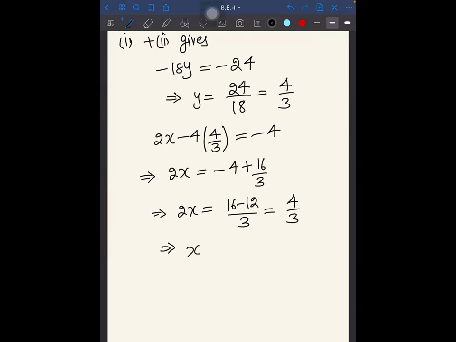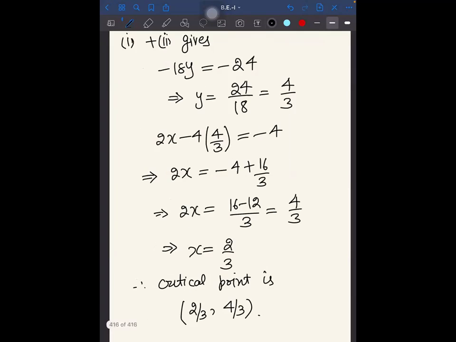So your x is 2 by 3, right? So the critical point is 2 by 3 and 4 by 3, right? Is it okay? Okay, so let's move to the next portion.